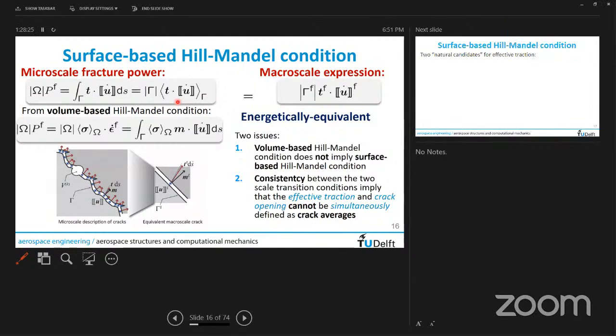So based on what you consider this alpha value, because alpha value can be varied, it's very random in nature. Because when you are considering going from lower scale to the higher scale, it may be random in nature. And particularly for the UD composite, it fails by the first ply failure.